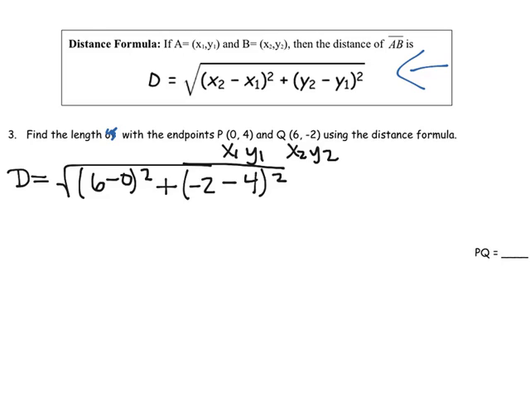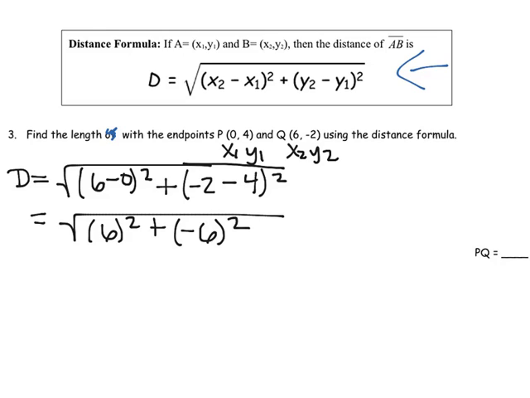You use PEMDAS, so you're going to be using parentheses first. In our parentheses, 6 minus 0 is just 6, plus a negative 2 minus 4 more. These have the same sign, so you're going to keep the sign, which is negative, and we're going to add 2 and 4, which is 6. We're going to square that.